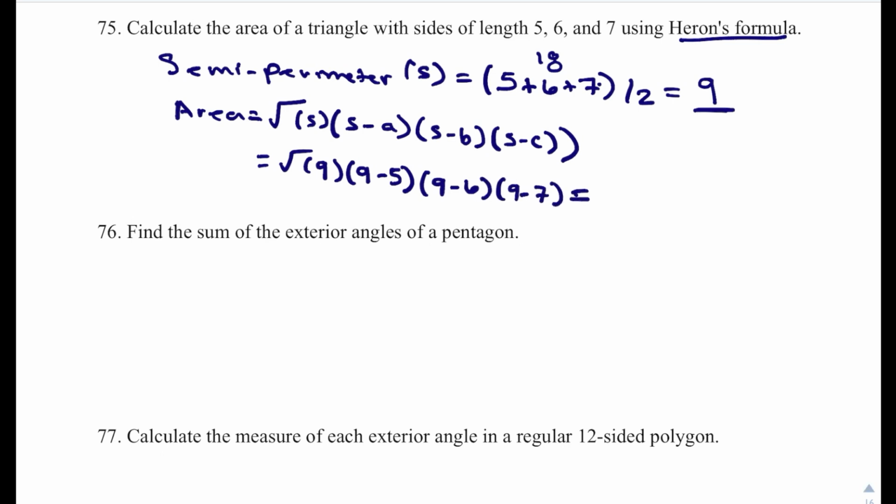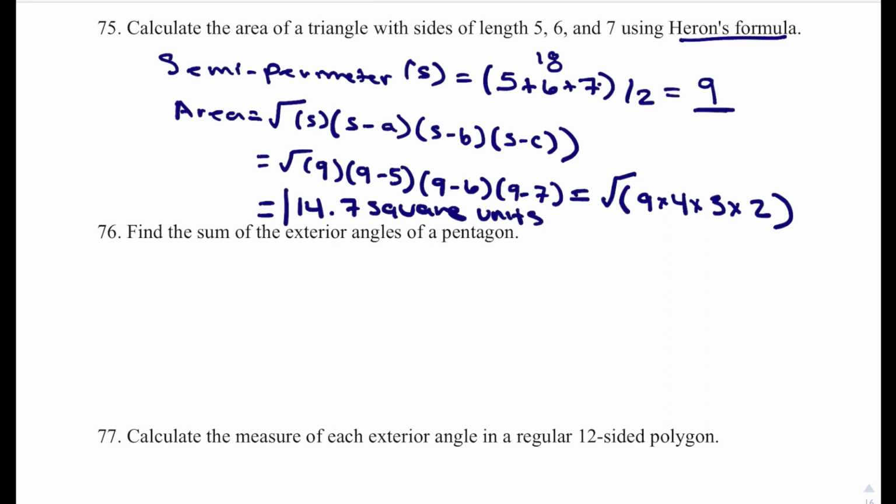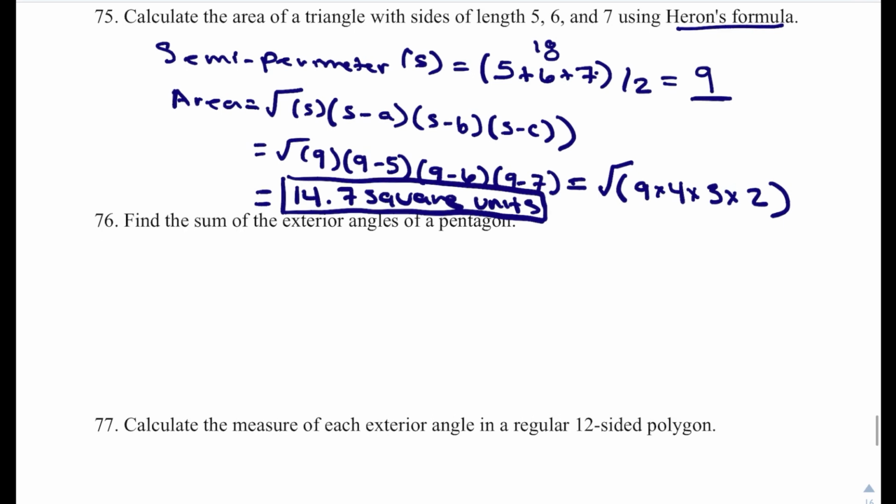So this is going to equal the square root of 9 times 4 times 3 times 2. And we're going to plug this into our calculator, and we're going to get 14.7 square units. And this is a more advanced problem. So if you got this one right, great job.